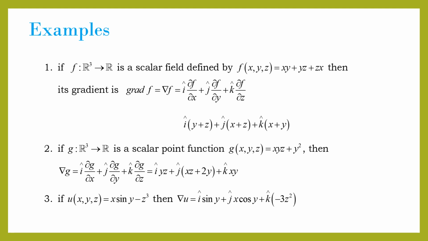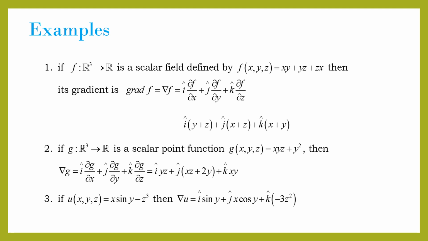If we want to find out the gradient of this function, we have to first find out dou f by dou x, dou f by dou y and dou f by dou z. Dou f by dou x for this function equals y plus z. Dou f by dou y equals x plus z and dou f by dou z equals x plus y.